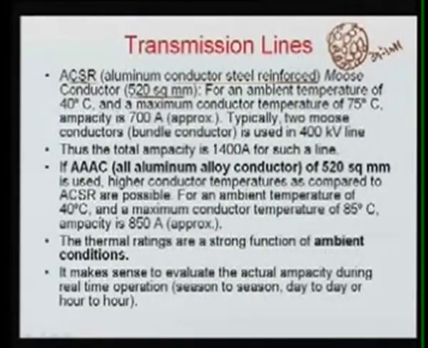Normally for 400 kV we use twin Moose, which means we use a bundle conductor of Moose, and the conductor area is 520 square mm. One thing to note here is the name Moose. Normally in the 50 Hz system, the conductor names are based on animals.